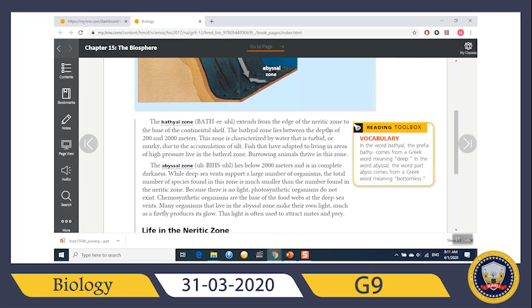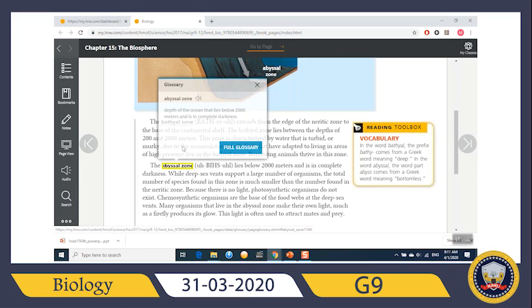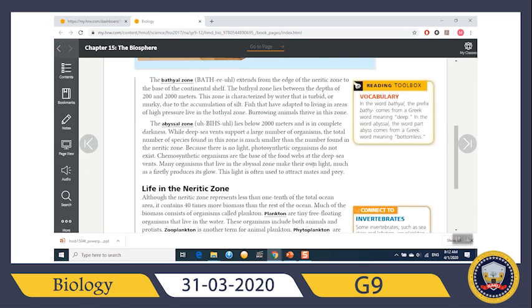And we will see the characteristics of each zone, of course. The abyssal zone is the depth of the ocean that lies below 2,000 meters and is in complete darkness. We will explain this later.